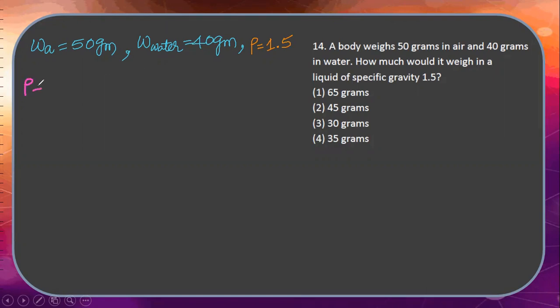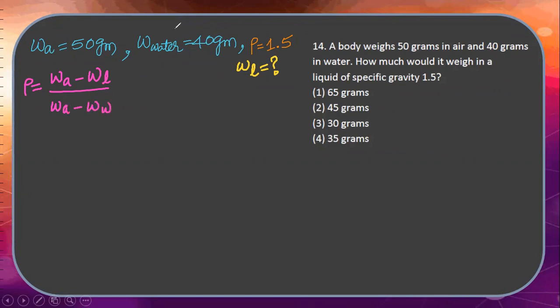Specific gravity or relative density is equal to weight of the body in air minus weight of the body in liquid, divided by weight of the body in air minus weight of the body in water.